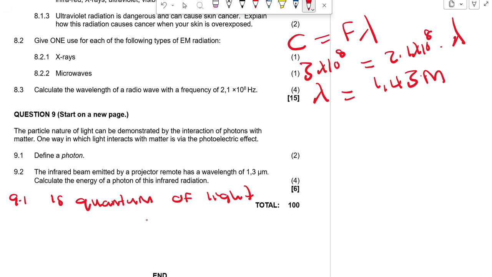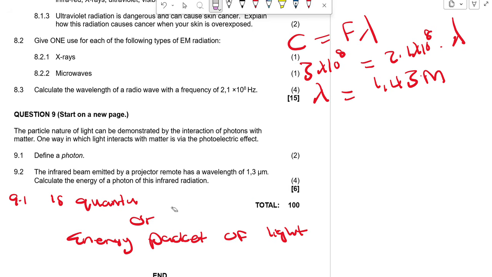Some can say it's the energy packet of light. Okay, so that is the definition.